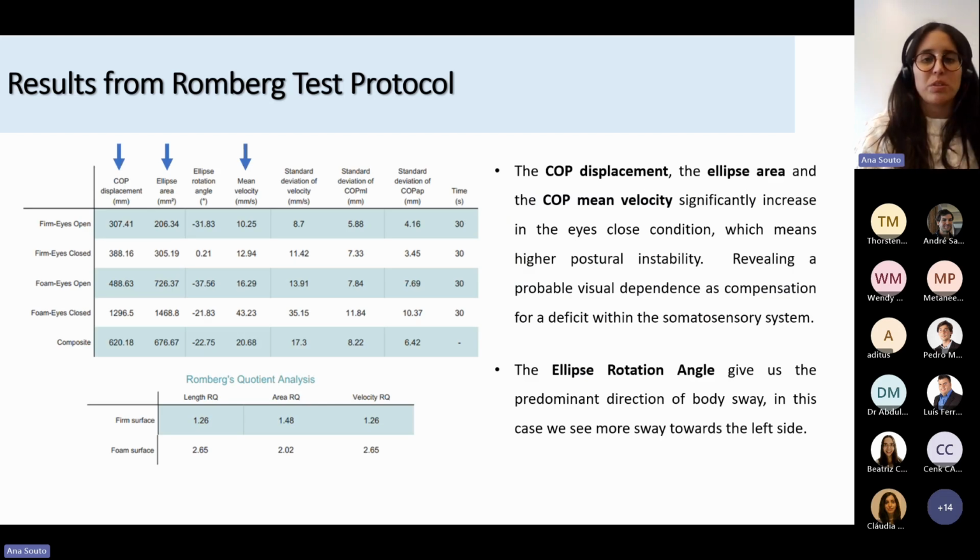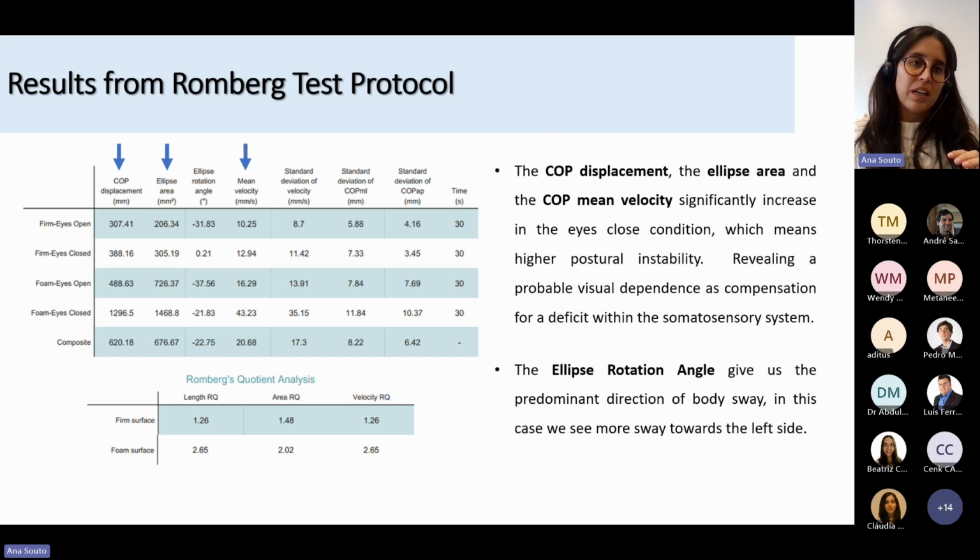What I usually advise for clinical use is to look into three parameters that are very easy to interpret, and are well researched in different contexts, so they are validated, and they give us a lot of information regarding postural control in different conditions.